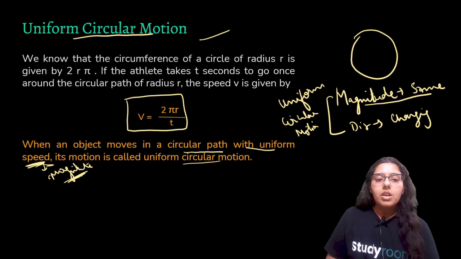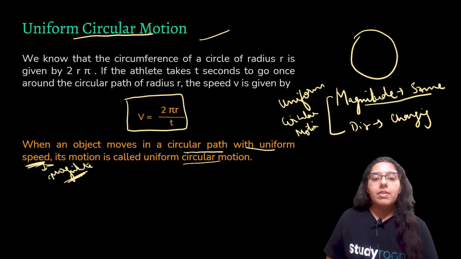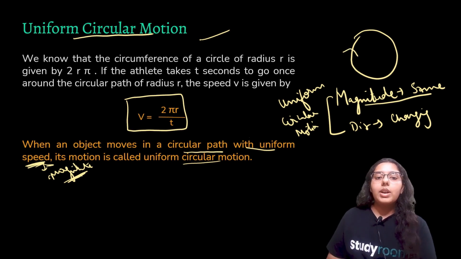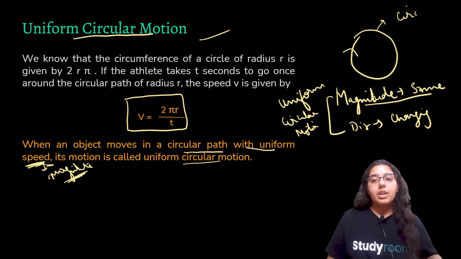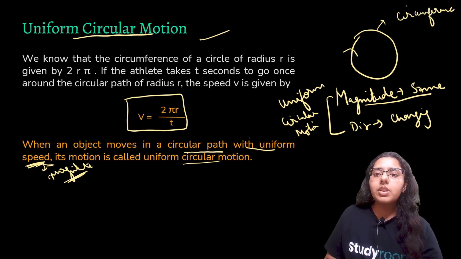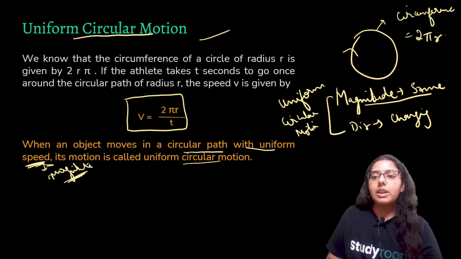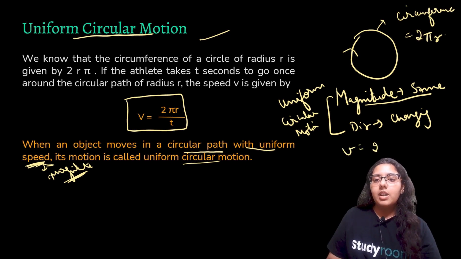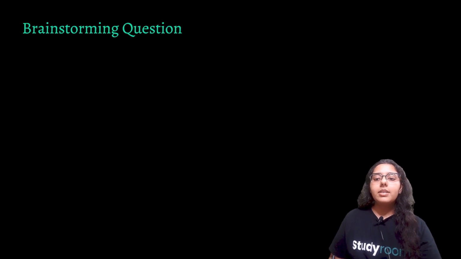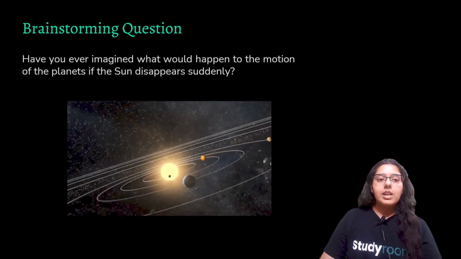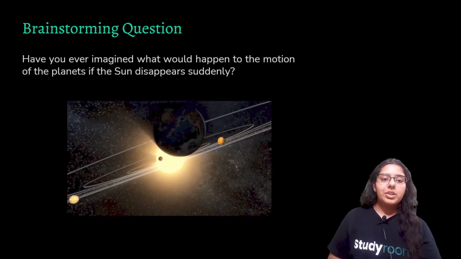So one brainstorming question. Have you ever imagined what would happen to the motion of the planets if the sun disappears suddenly? Think about this. All your planets are revolving around the sun, right? So what would happen if the sun disappears? Simply, your planets will start to go tangentially, right?